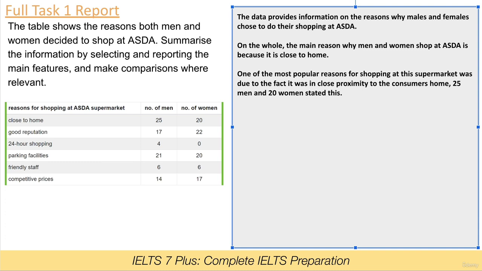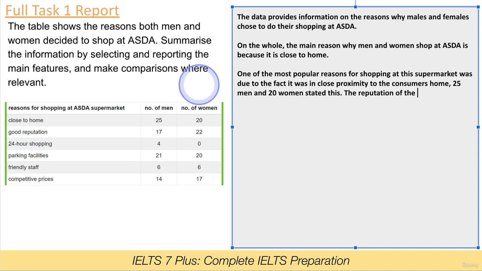Okay, so we've got to be careful with this table actually, because it could be very easy to just state every single number because there's not too many, and we don't want to do that. So we want to be a bit creative with how we feed back this information. So we've stated the highest one, close to home. So now let's go to good reputation.